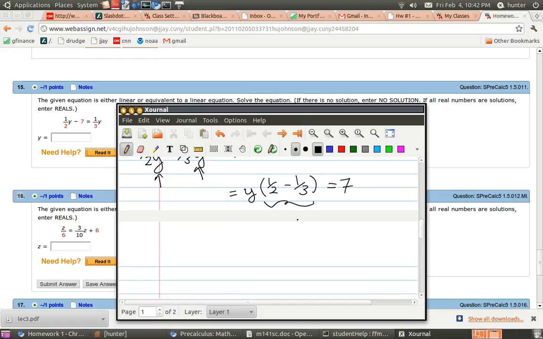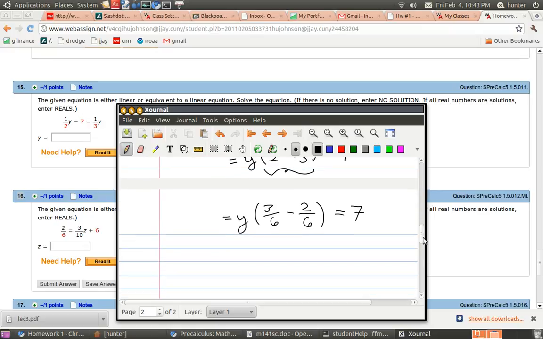These are just numbers, so I can put them over the common denominator 6. So this is y times 3/6 minus 2/6. That's 1/6 in disguise, since 3/6 minus 2/6 is just 1/6.